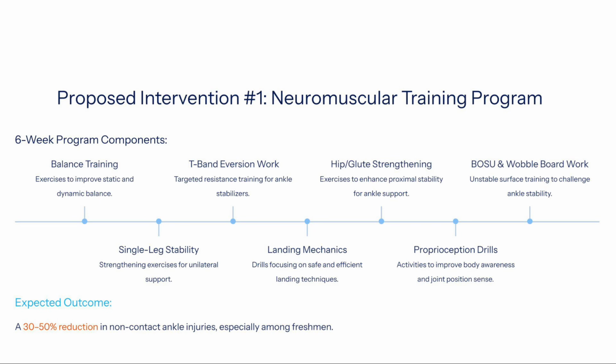Also hip and glute strengthening exercises to enhance proximal stability for ankle support, and BOSU and wobble board work, which is stabilizing surface training to challenge ankle stability. And then also proprioception drills, activities to improve your body awareness and joint position sense.